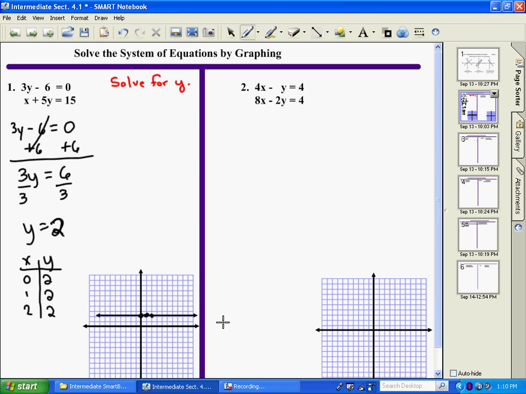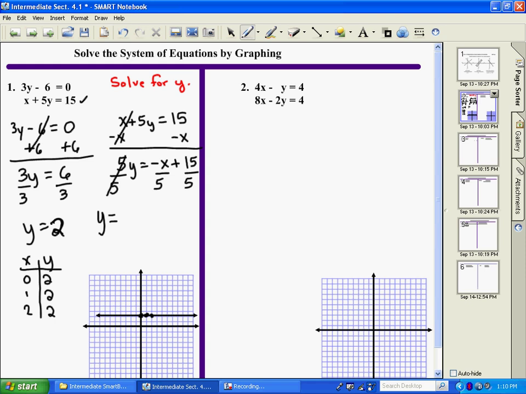Okay, now we're going to take our second equation and solve for y as well. To get y by itself, we want to subtract x from both sides. We have 5y equals negative x plus 15. Divide everything in the problem by 5 and simplify.